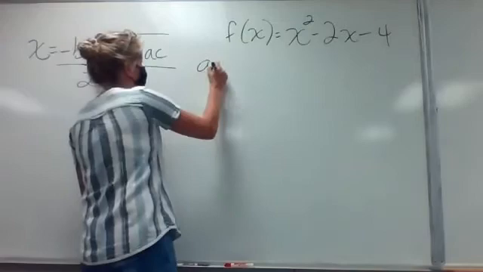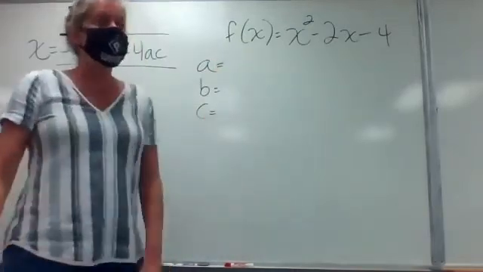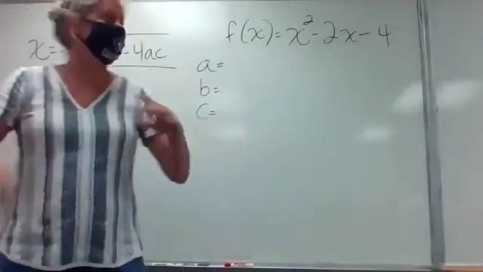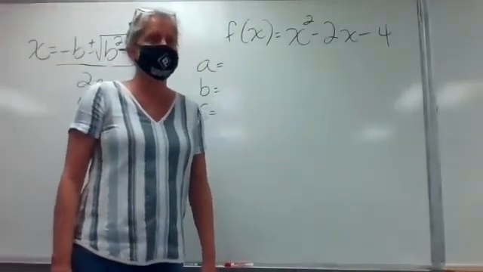Starts off the same: A, B, and C. You would try, and it's the same thing every time I do this one, because it looks like it should be able to factor easily.